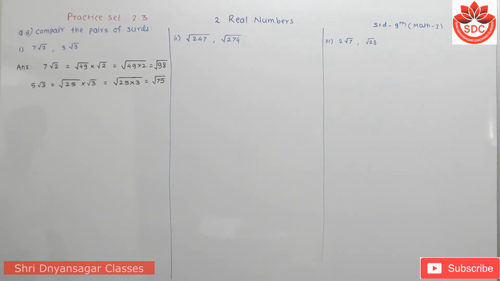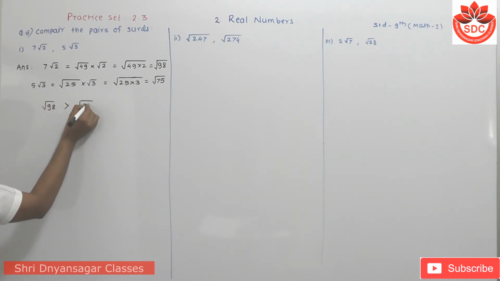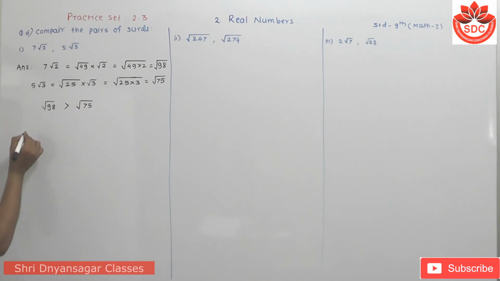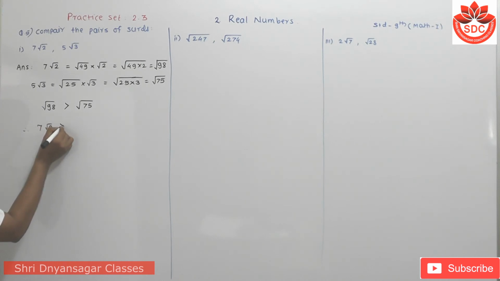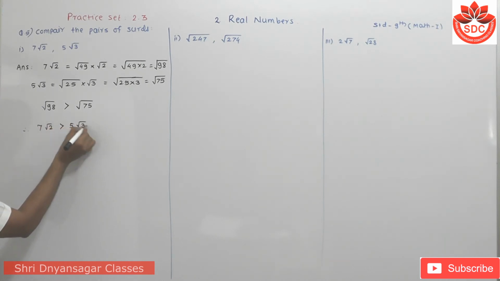Now here, when we observe carefully, root of 98 and root of 75, root of 98 is greater than root of how much? 75. Therefore 7 root 2 is greater than 5 root 3.